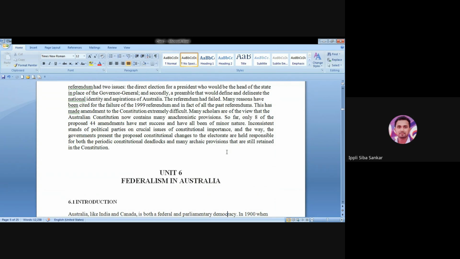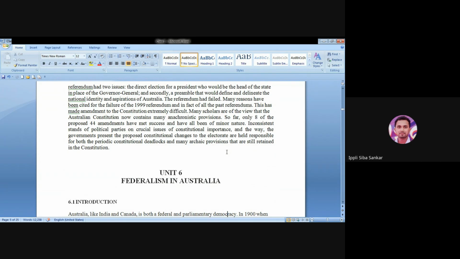The referendum failed. Many reasons have been cited for the failure of the 1999 referendum, and in fact of all the past referendums, which has made an amendment of the constitution extremely difficult. Many scholars are of the view that the Australian constitution now contains many anachronistic provisions.